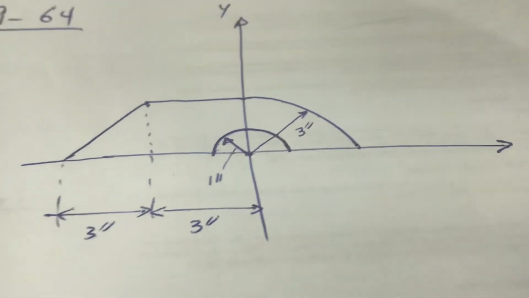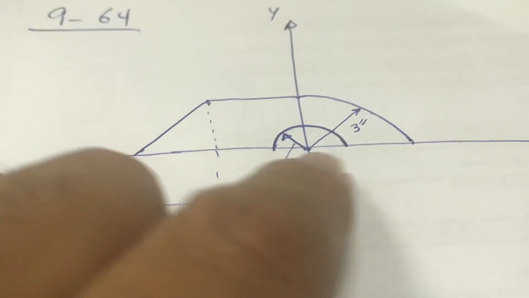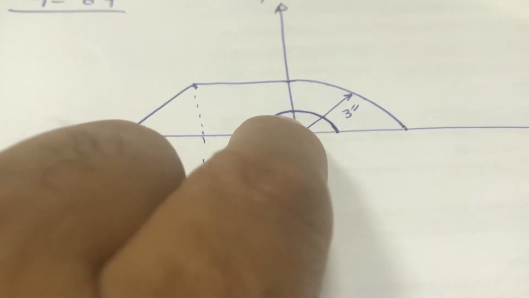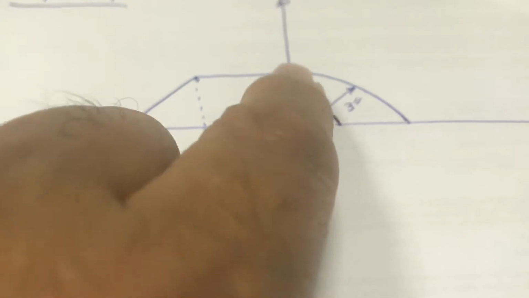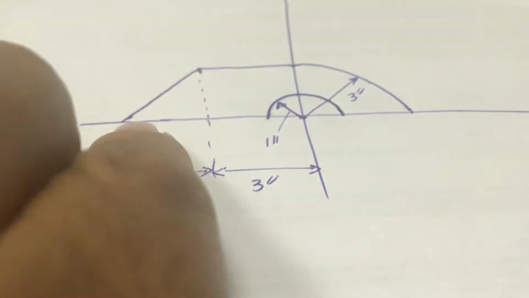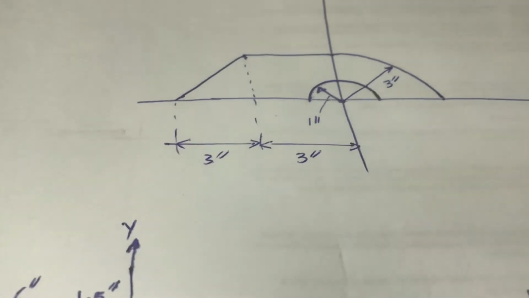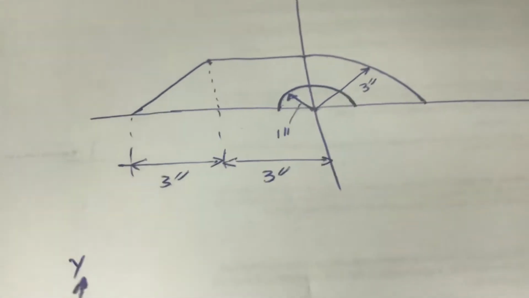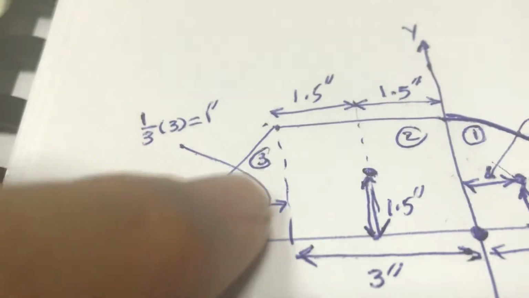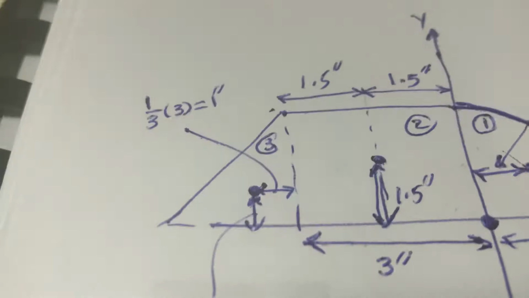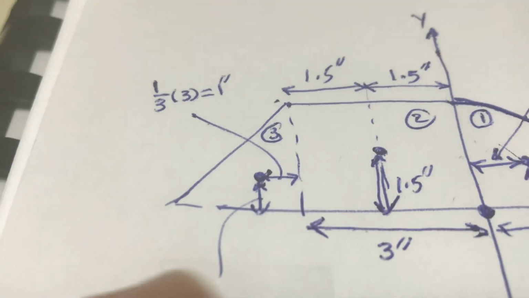Now the way we do it is, let's assume that there is no open space. Let's assume that there is 1/4 of a circle, square, and triangle. So what is the centroid of the triangle?